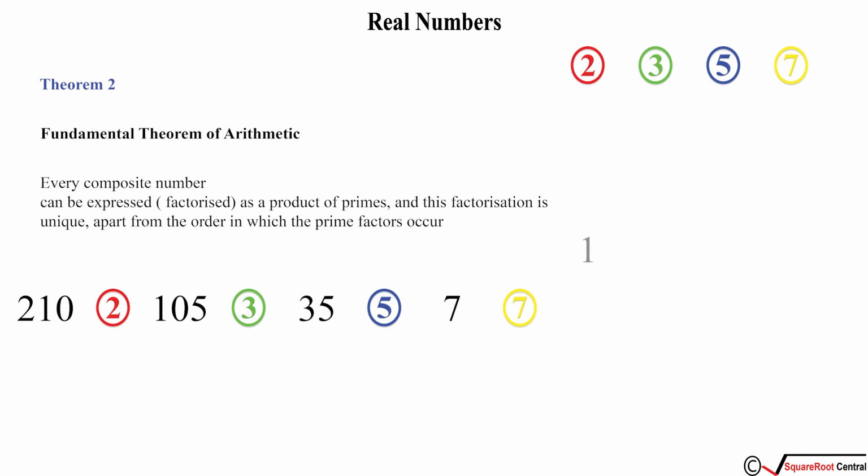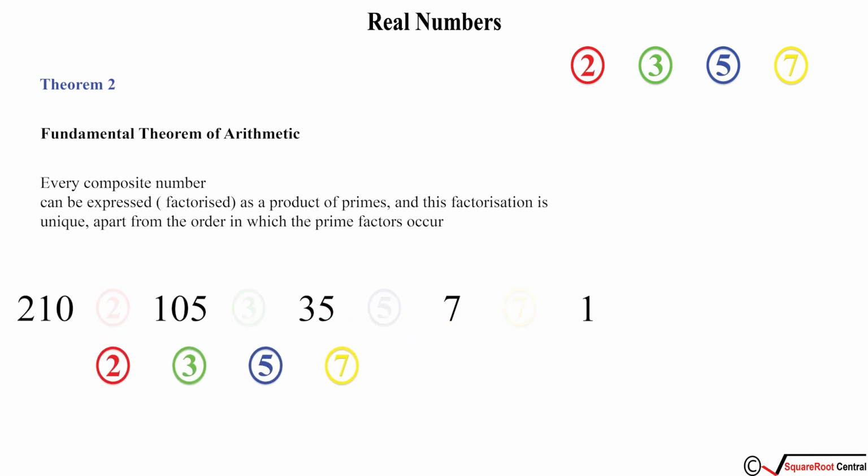Let us once again go through the fundamental theorem of arithmetic, the actual verbatim of it. For every composite number, our composite number is 210, can be expressed or factorized as a product of primes. And this factorization is unique apart from the order in which the prime factors occur. So we have our composite number 210.